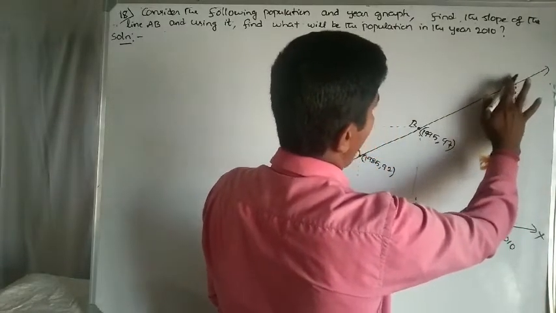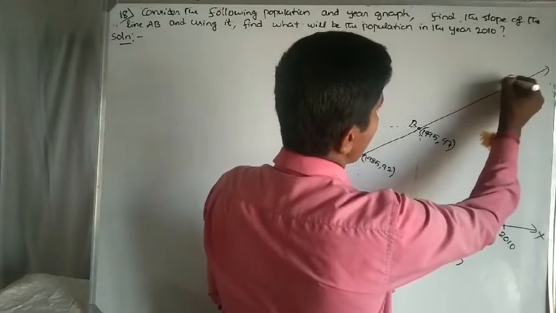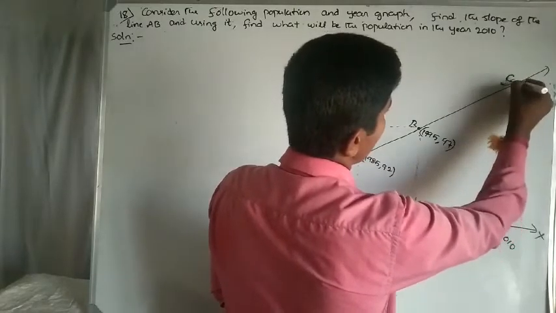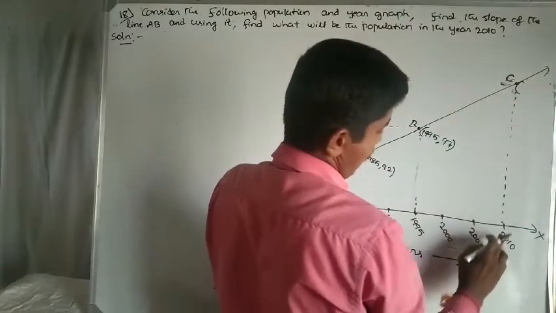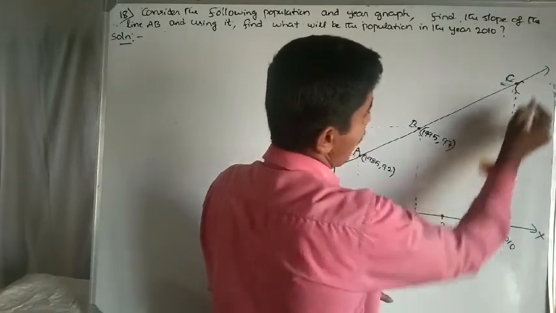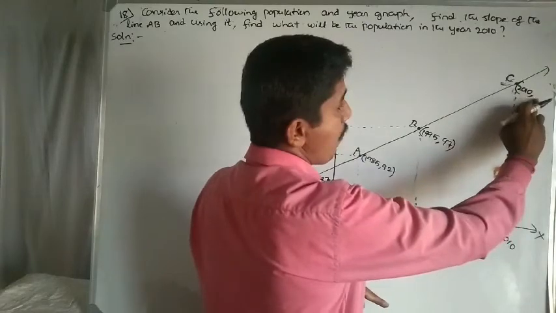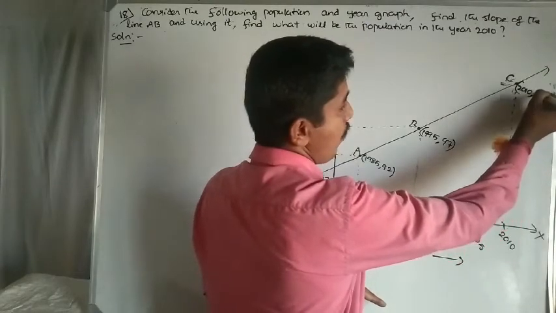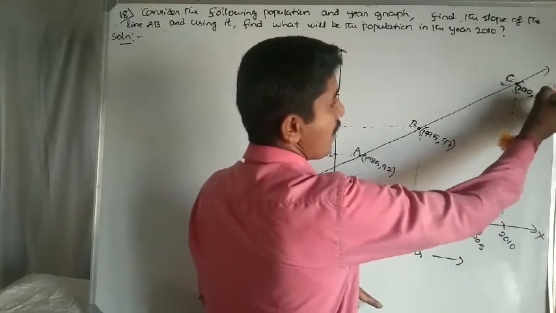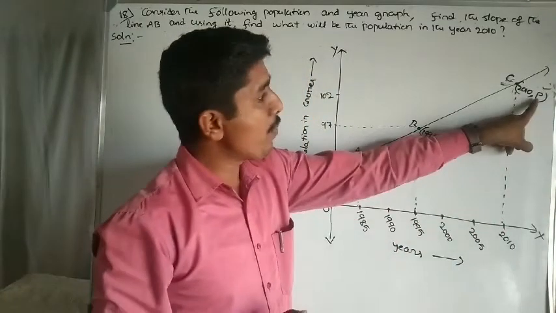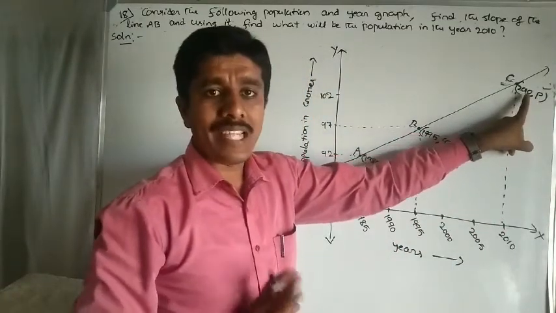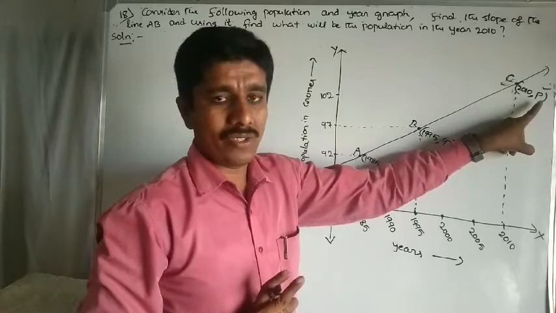The point C I am taking here: the x coordinate is the year 2010, and the y coordinate is P. We don't know it; we have to find the P value.